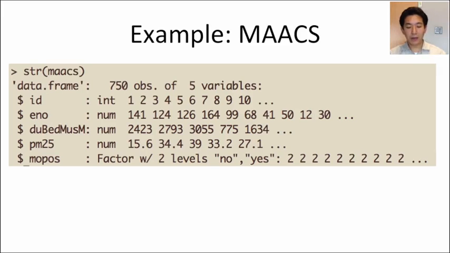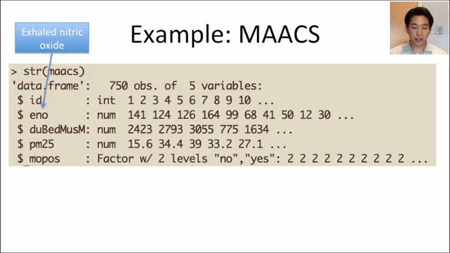So here's a little bit of the MAACS data. You can see that there are 750 observations, and I've just put 5 variables here for the sake of demonstration. One is the ID variable. The second one is the ENO, exhaled nitric oxide, a measurement that roughly corresponds to a level of pulmonary inflammation, so a large value of ENO indicates some pulmonary inflammation.